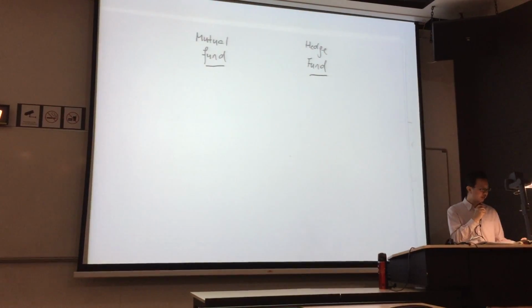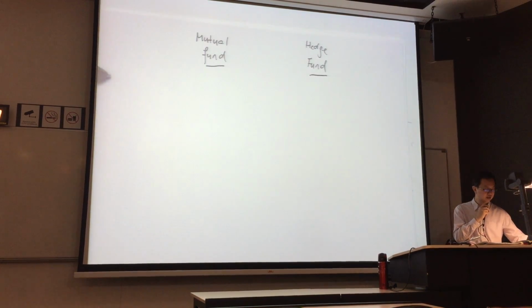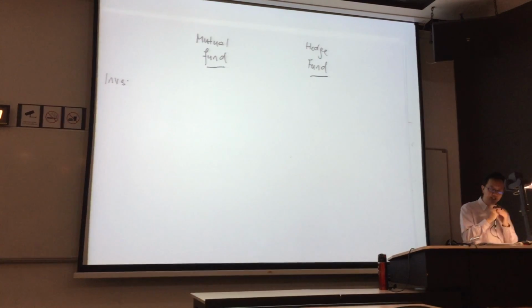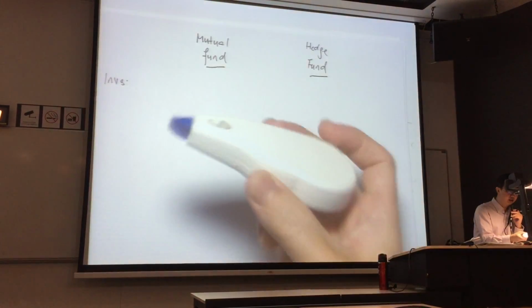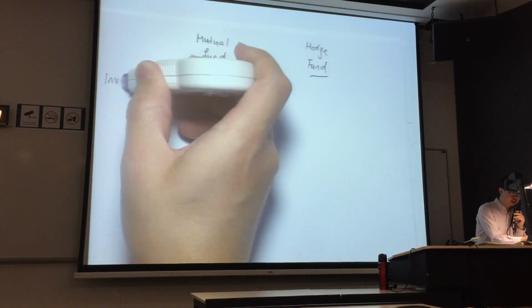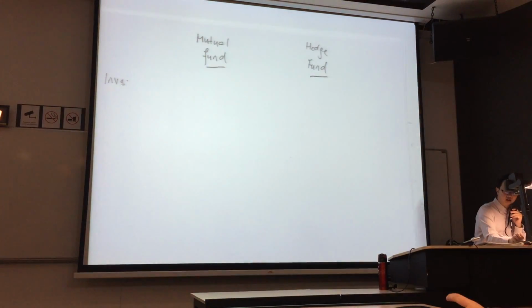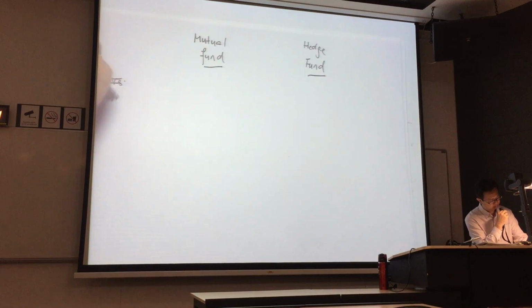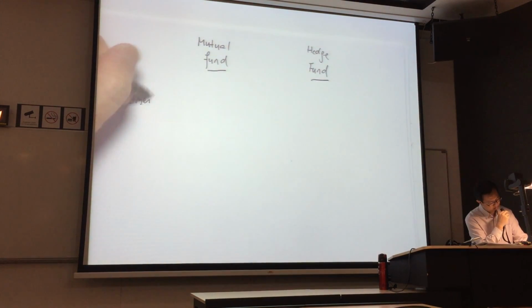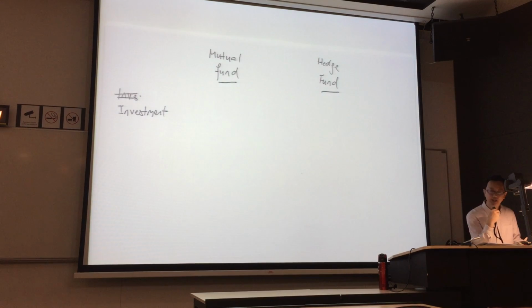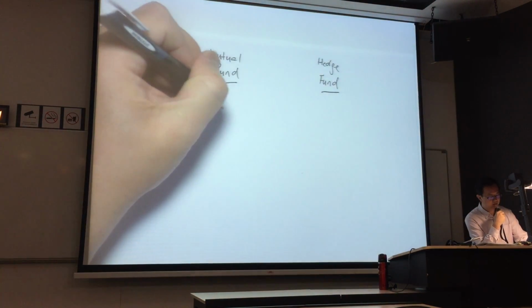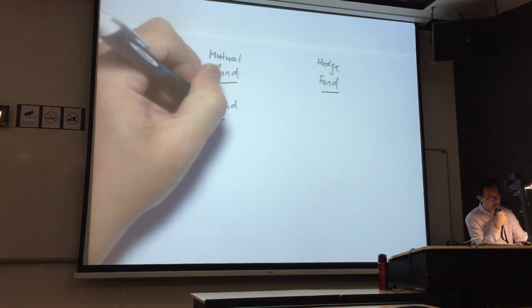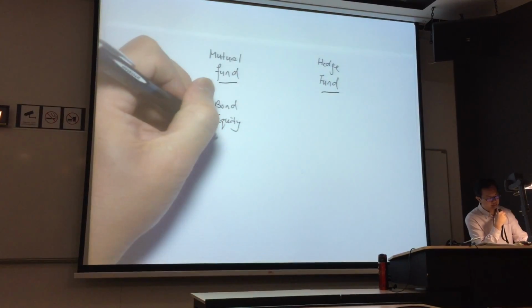So when we talk about hedge fund, the investment instrument of hedge fund, besides those which are available to mutual fund, also include some exotic investment. When we talk about mutual fund, the typical investments will be the traditional assets like bonds, equity, commodities.